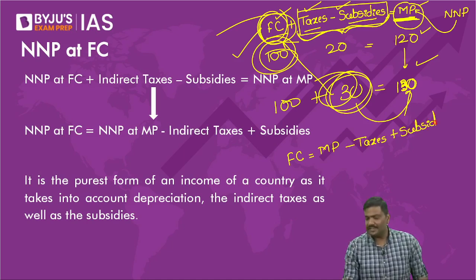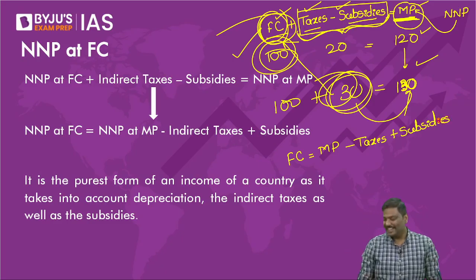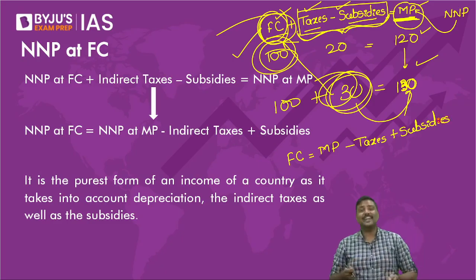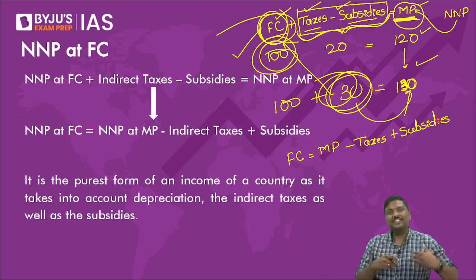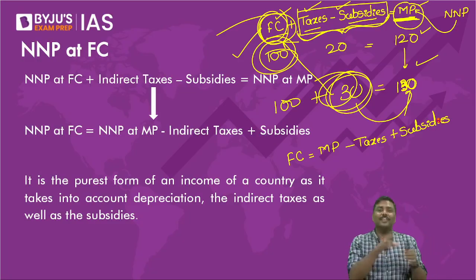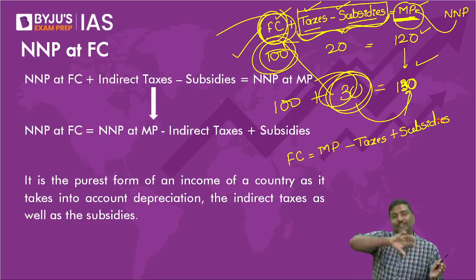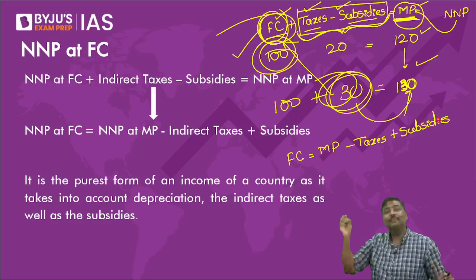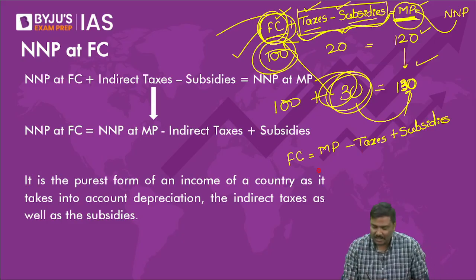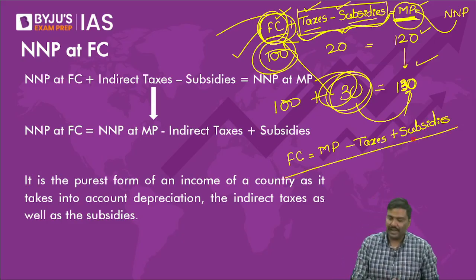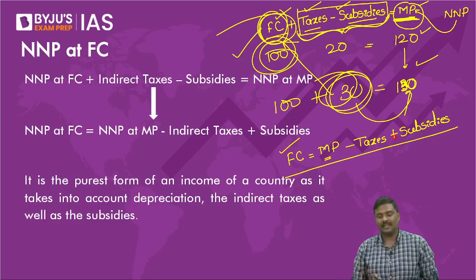Any difficulty? Simple CSAT concept. Not even CSAT, high school. In high school, your teacher would have told you, when you have a plus on one side and you shift it to the other side, make it minus, the symbols will reverse. That is exactly what I've done. Factor cost is equal to market price minus taxes plus subsidies.